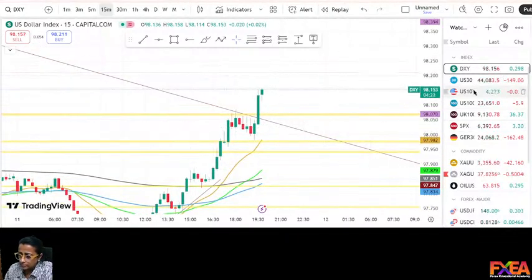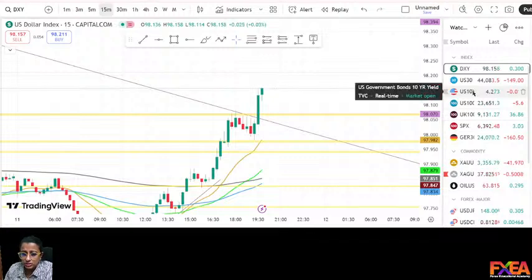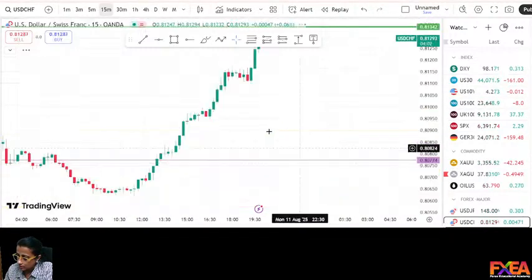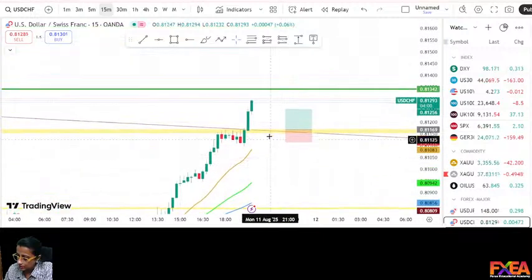Rather than the 2-year yield, I look at the 10-year yield. I just check the 10-year yield sometimes, just for my tuning of dollar index direction. See, DXY is moving up. Let us see what is happening.